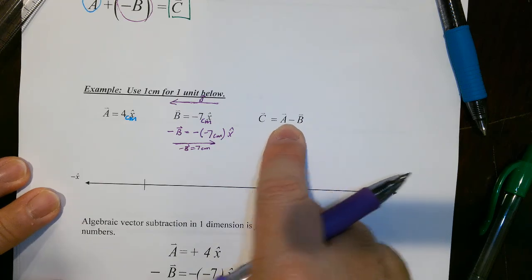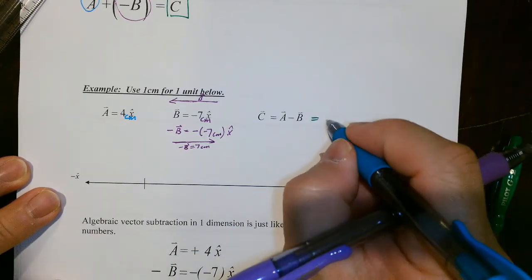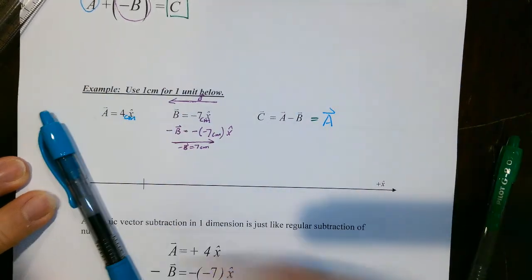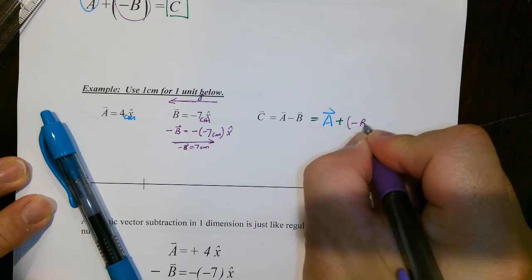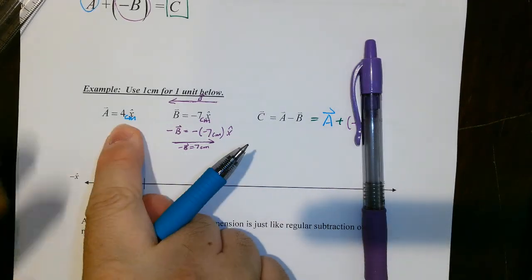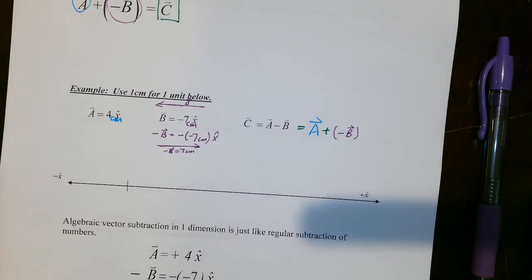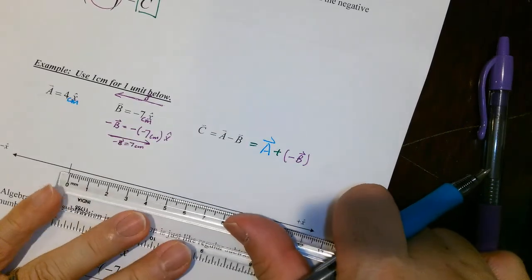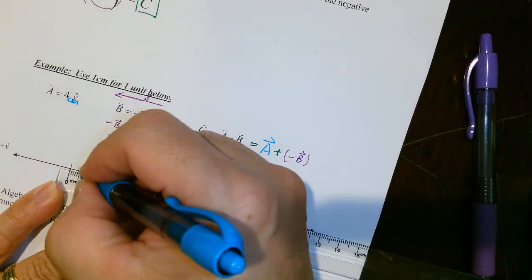Since a minus b is exactly the same as a plus negative b vector, let's draw the a vector first, which is 4 centimeters in the positive x direction.